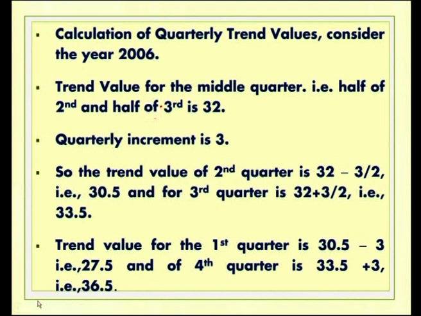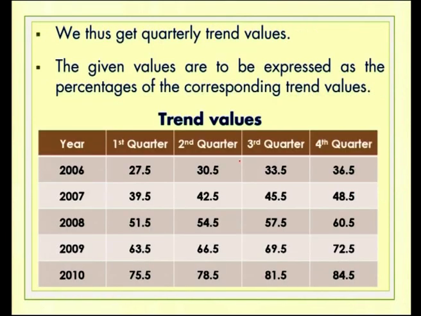After finding the quarterly increment as 3, the calculation for quarterly trend values is done like this. The middle point is between the second quarter and the third quarter. Actually this 32 will not be displayed in a quarter, the 32 comes somewhere between the second quarter and the third quarter, this is 32 here.